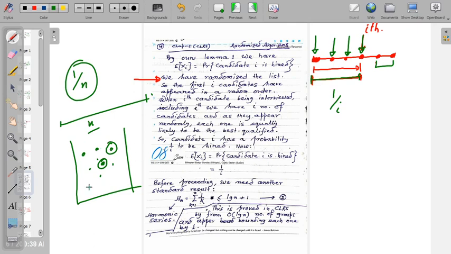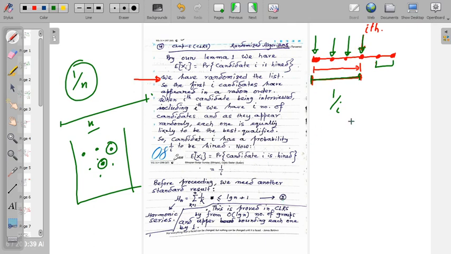Anybody in this, because we are selecting the balls randomly. So here also, whether the ith candidate will be selected or not, I have seen so far including this I number of candidates.